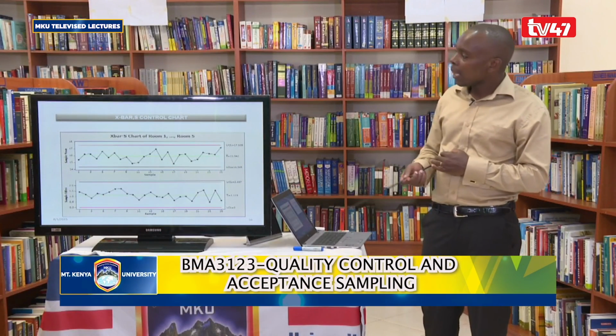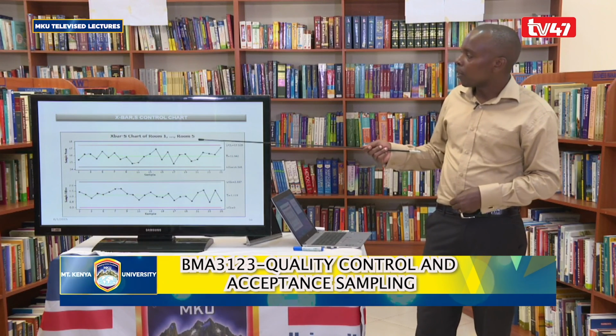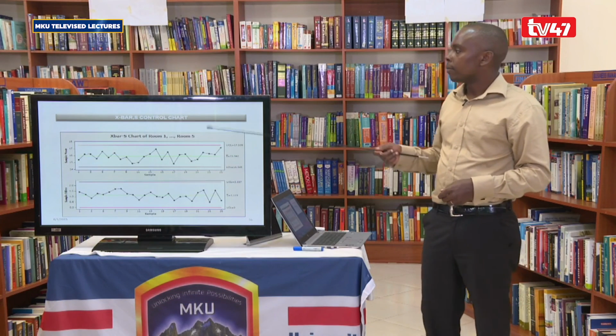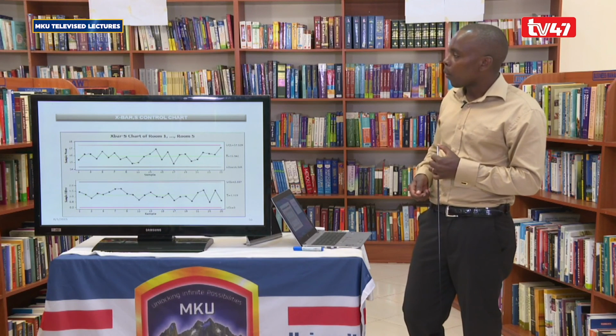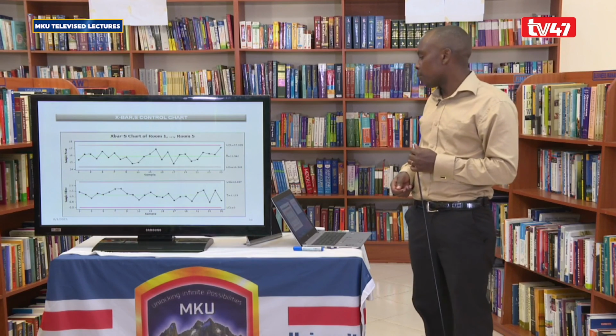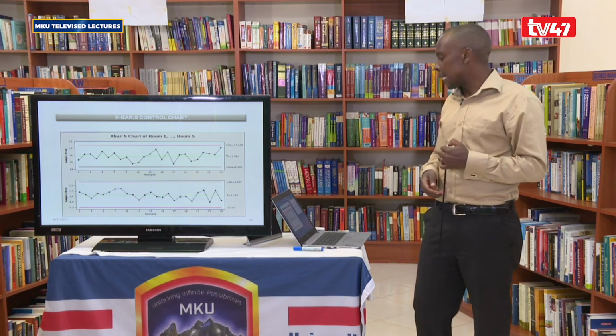The other charts that we shall investigate are those that fall under attribute control charts, whereby we have about 4 of them.